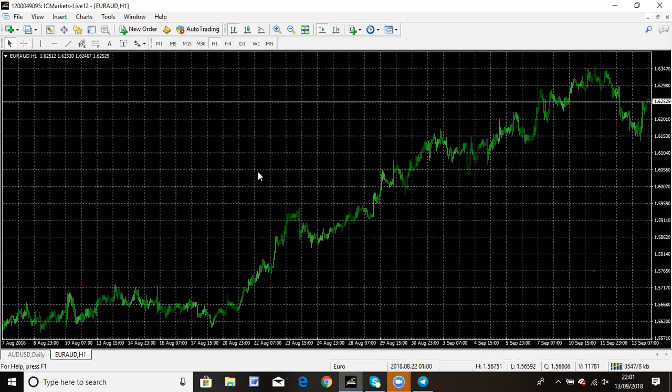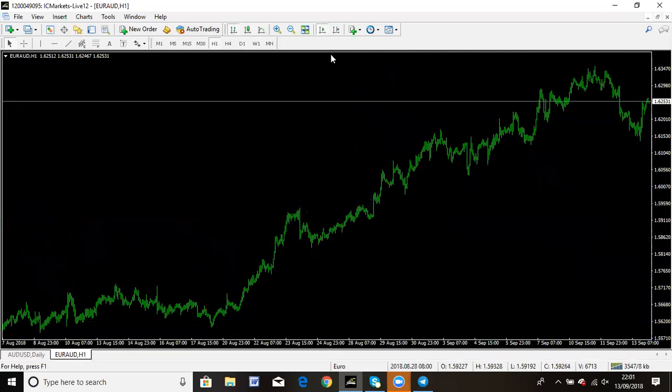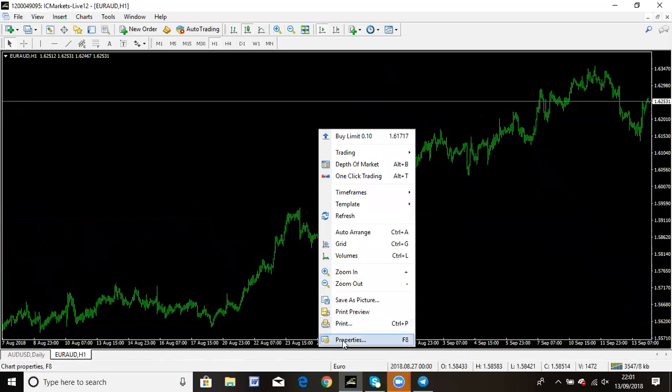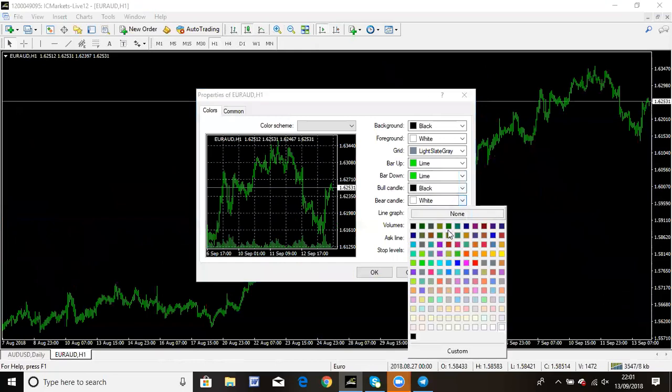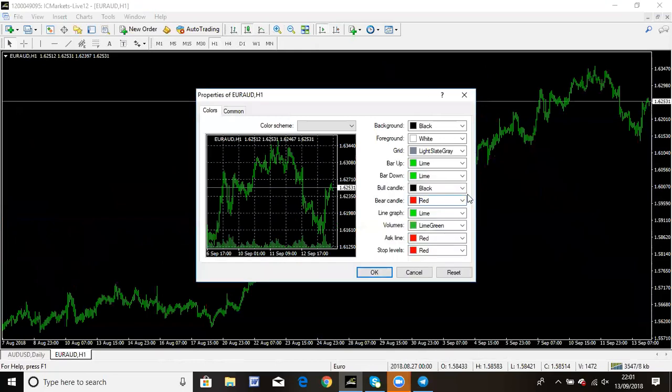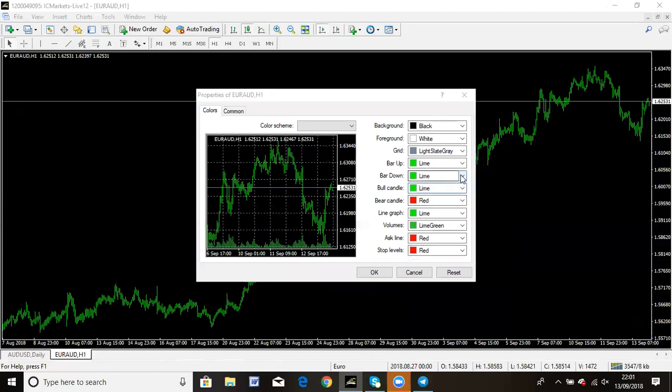Right, let's have a look at some other charts. So, for example, EA, actually. So remove this, that one, like candles. Lime, okay, the bull candle is this one, the down candle is red again.